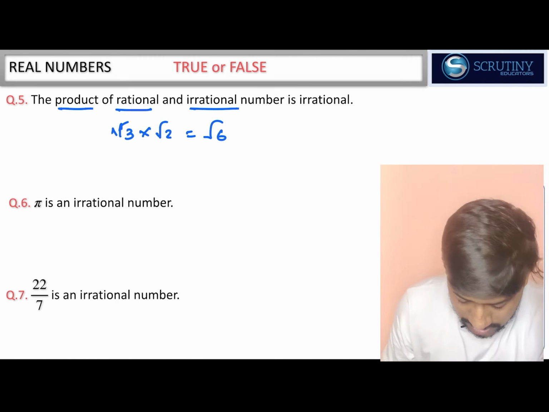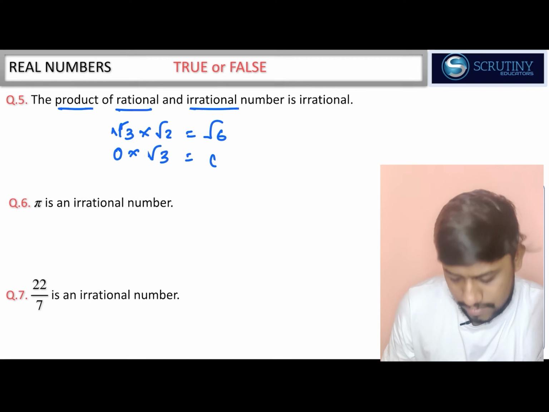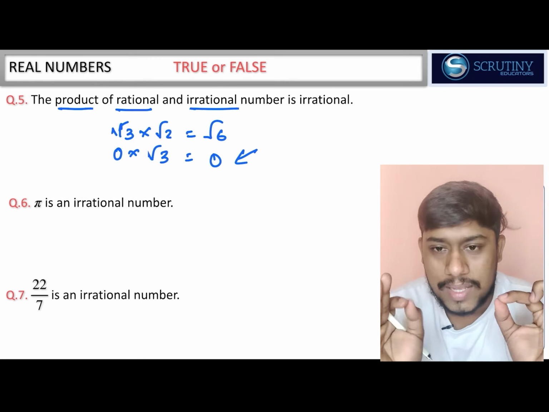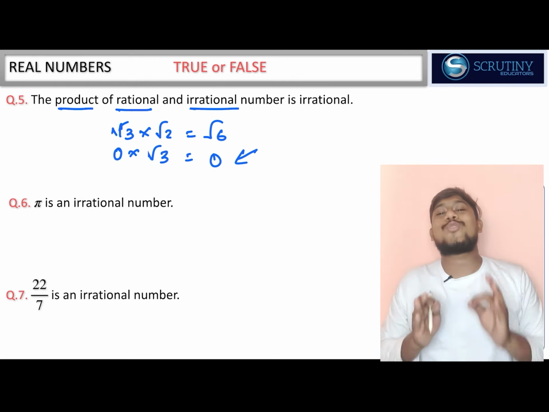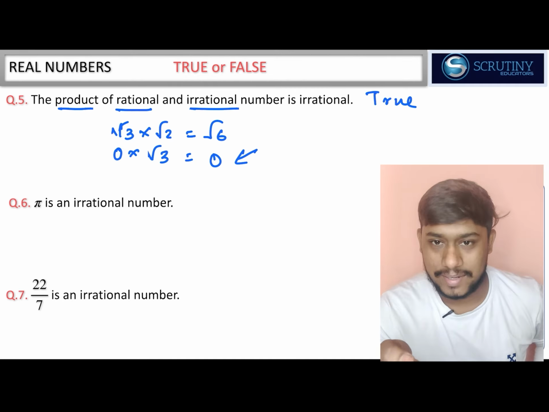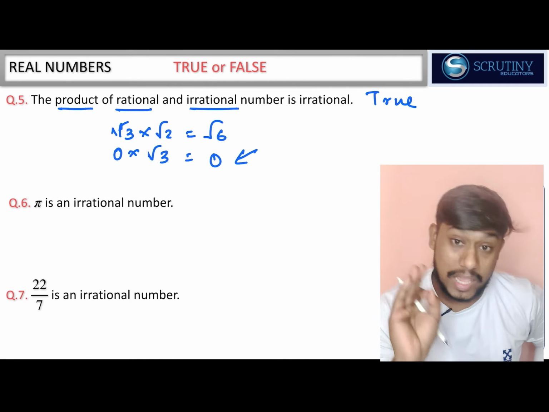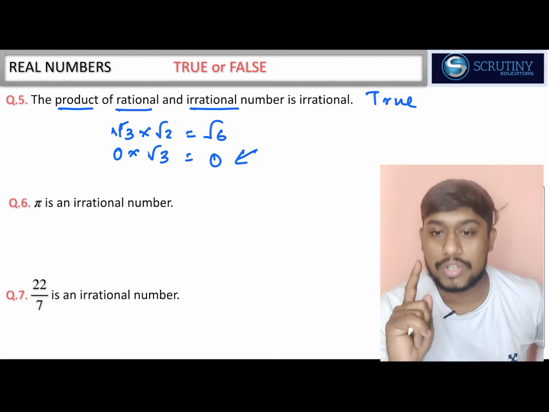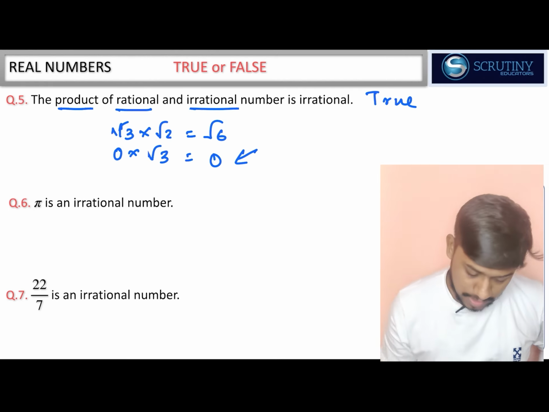But 0 into root 3 is 0, which is rational. But is it mentioned always? No, right? So this question is actually true as per the statement. But remember, if it is mentioned always, then this question will become false.